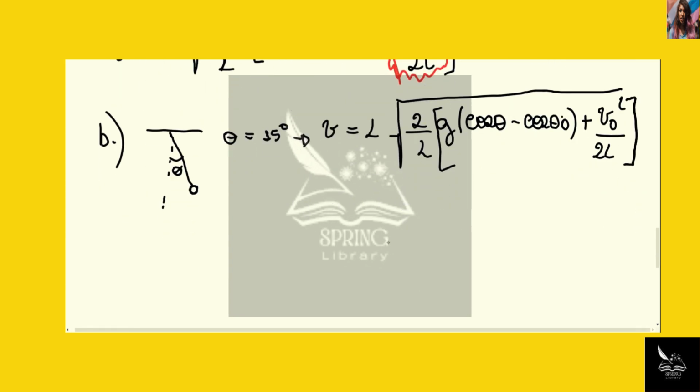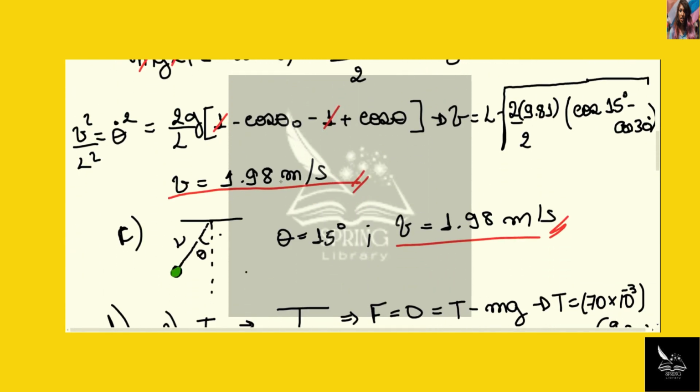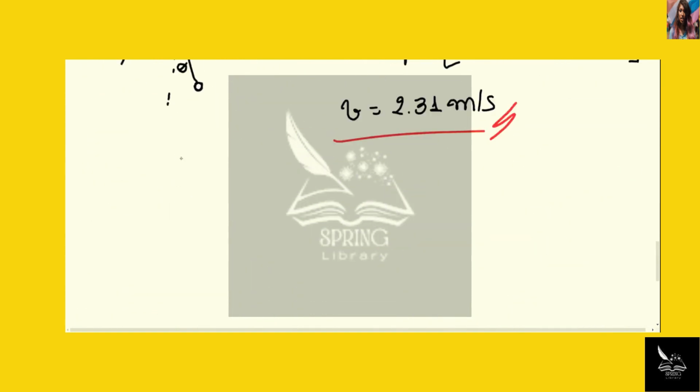You can just substitute the values, and we're going to find that this velocity is going to be 3.31 meters per second, which again is greater than the value that we found for question B when the ball was falling from rest.